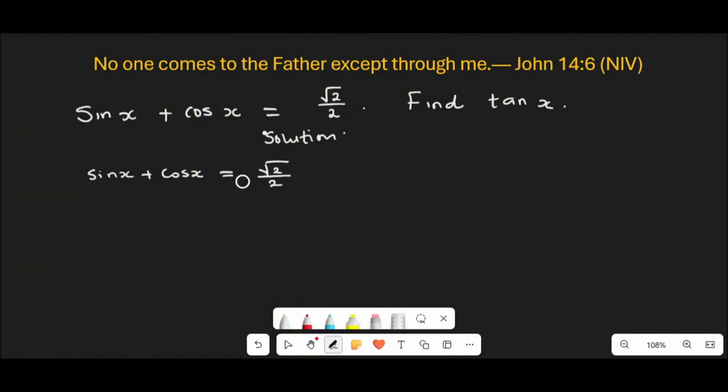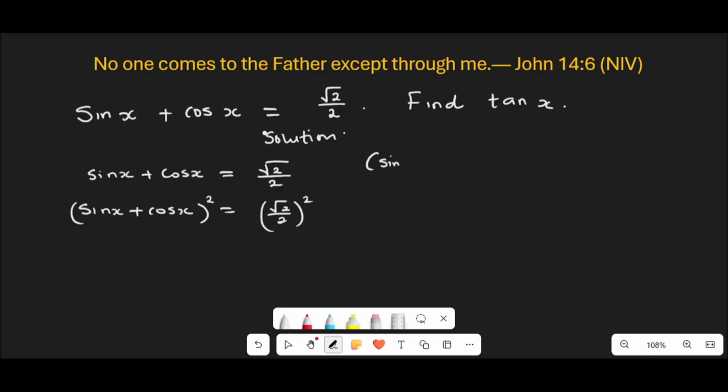So the first thing we have to do is to square both sides. So (sin x plus cos x) raised to power 2 equal to (root 2 over 2) raised to power 2. So let us find sin x plus cos x, everything raised to power 2.